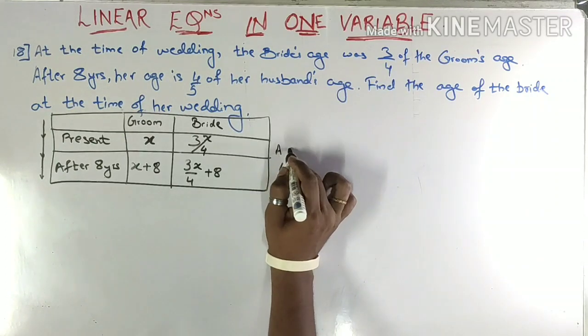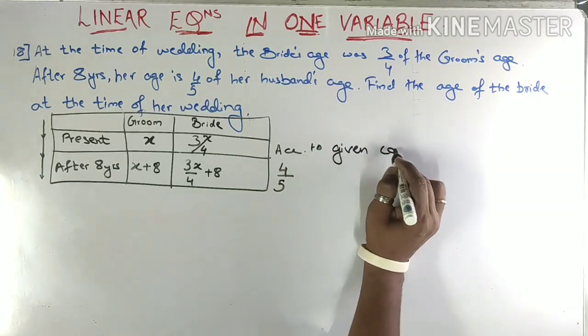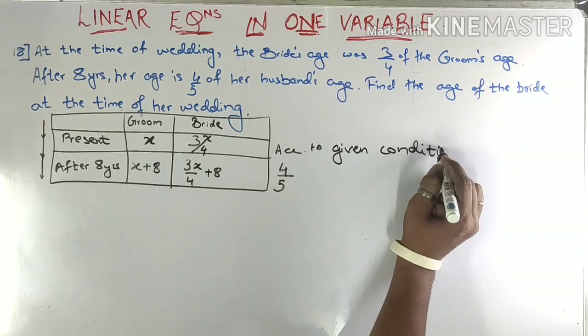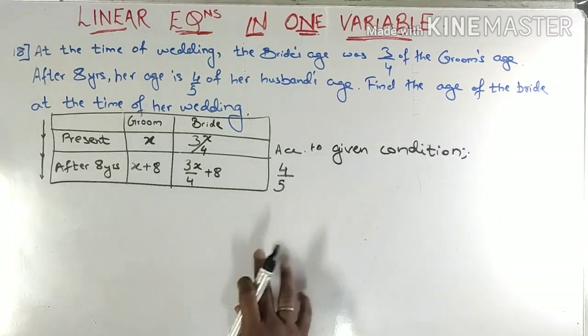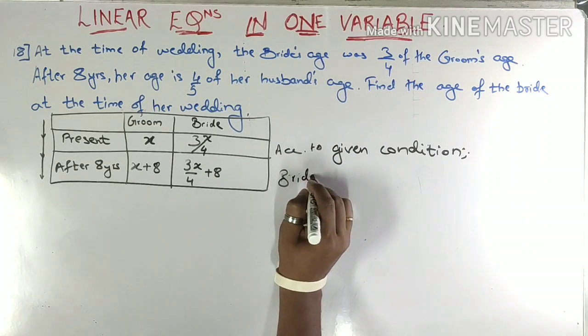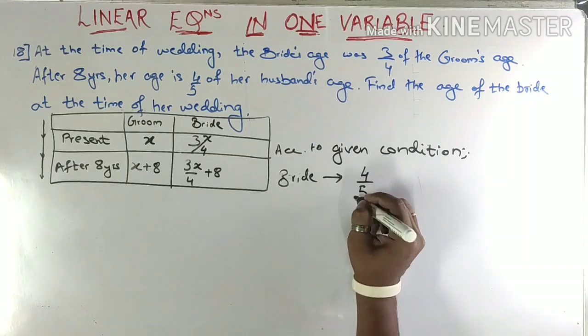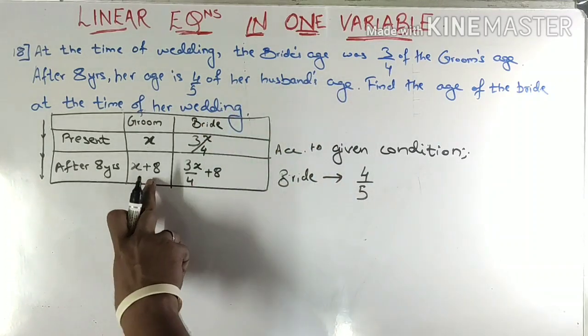According to the given condition, the bride's age is, let me write over here, the bride's age is 4 by 5th of her husband's age.